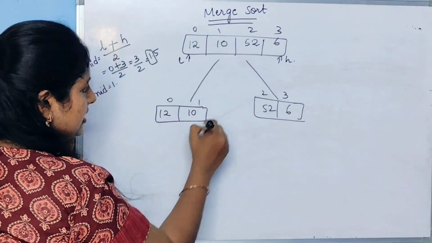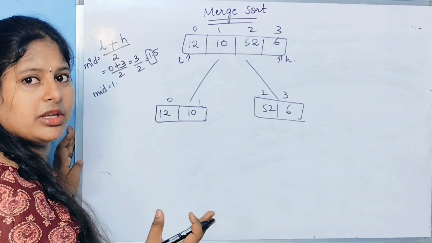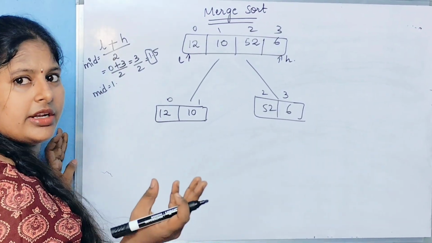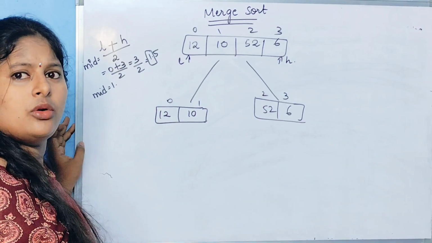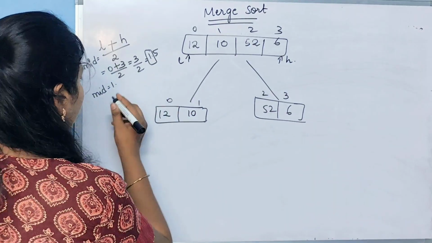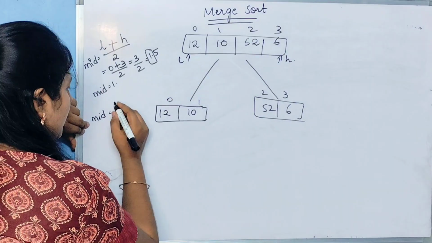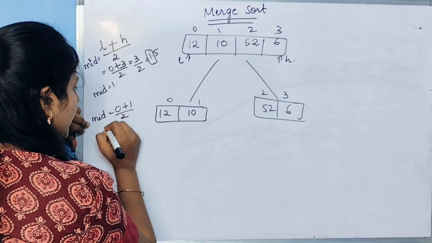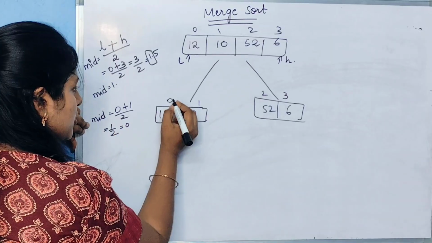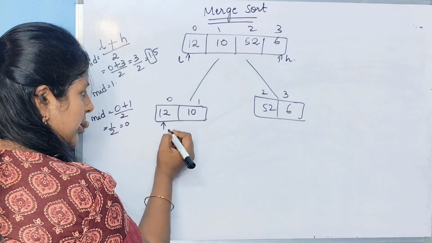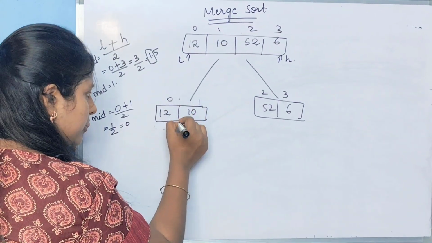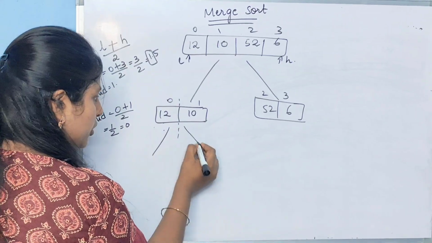Now, I want to split these halves again into individual elements, right? I have to take out each element. So, again, I will find the mid. For this, mid equals 0 plus 1 by 2, that is 1 by 2, that is 0. So, this 0 is considered as mid, right? Now, I have to make this into two halves.